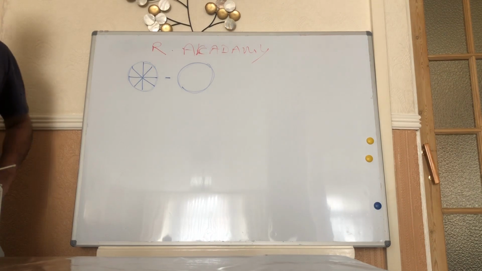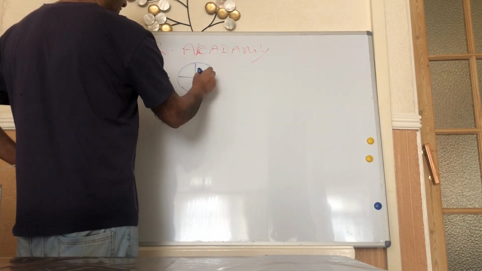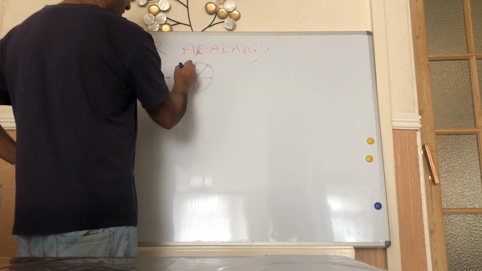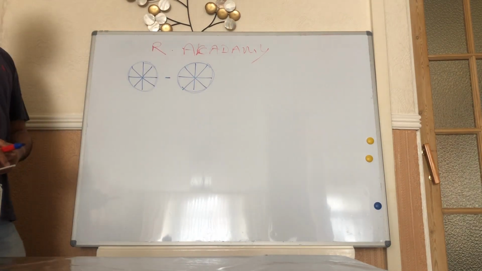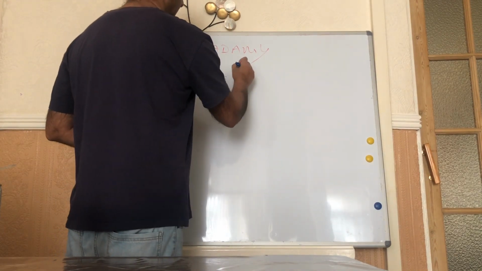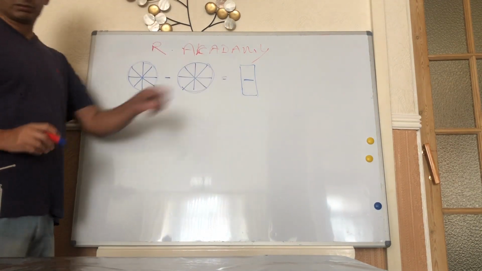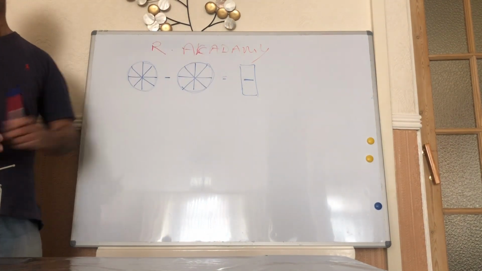Yeah. And you've got 8 slices in that one as well. Okay. And then you've got an equal sign, and they put in a box where you fill in the fraction.